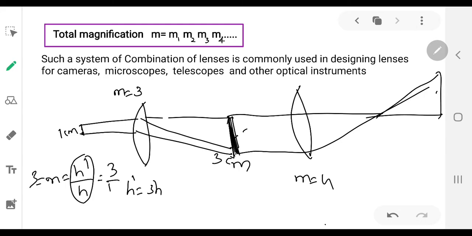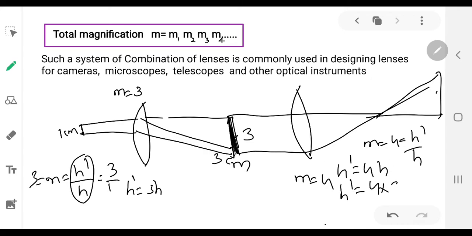So if the object is 3 centimeter, m is equal to 4 means h dash by h is 4. H dash is equal to 4h. H dash is equal to 4 into 3 centimeter. So h dash is equal to 12 centimeter.